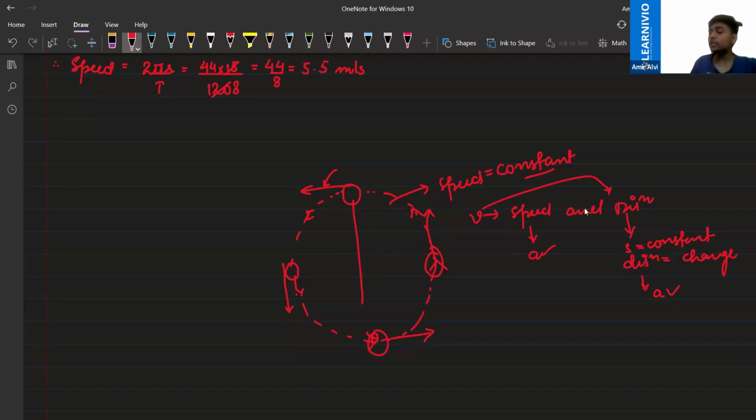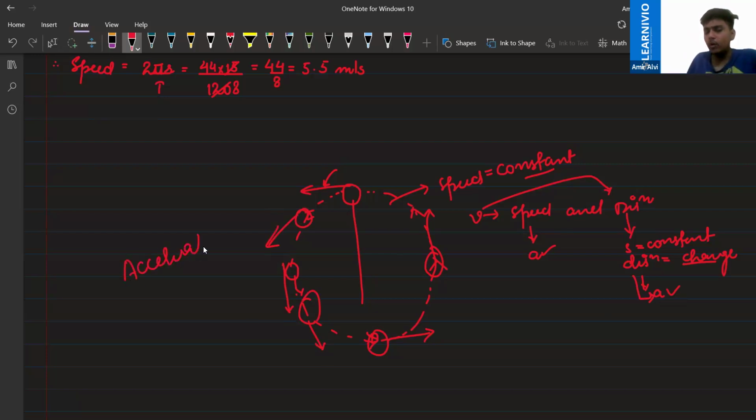If the speed is not changing but the direction is changing, that means there is a change in velocity, and that leads to acceleration as well. Okay, sir. So that's why in this case, Harshita, at every point the direction of the stone is different. The stone is pointing in a different direction at every point. That means, Harshita, this is an accelerated motion.